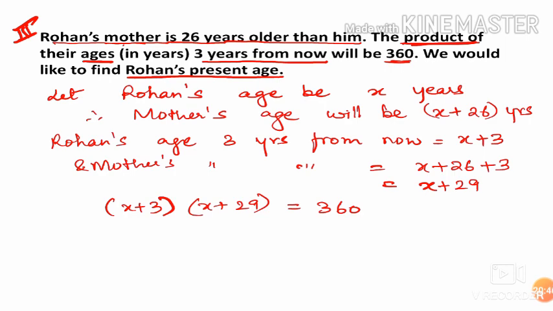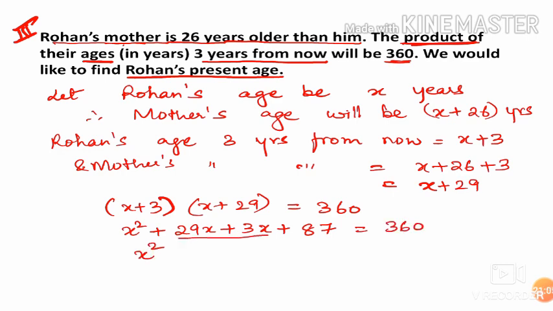So multiplying the brackets, x square plus 29x plus 3x plus 87 equal to 360. Adding the like terms and then carrying 360 to the left side, we get x square plus 32x plus 87 minus 360 equal to 0.